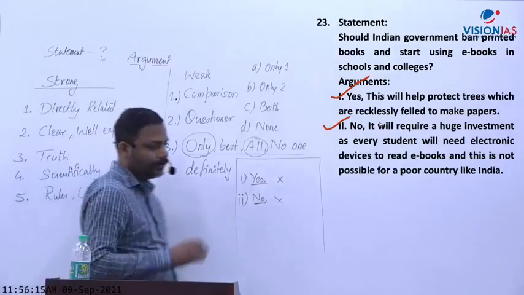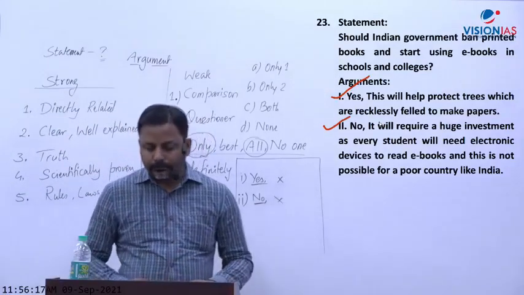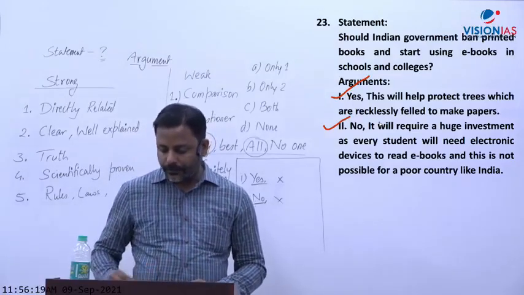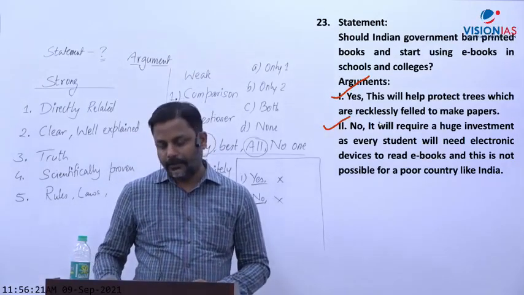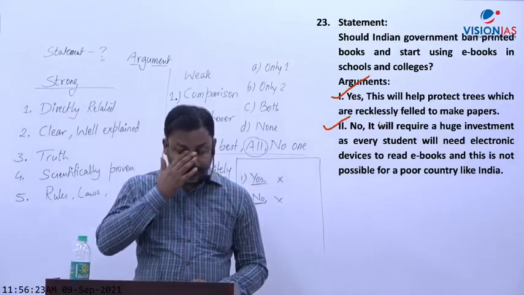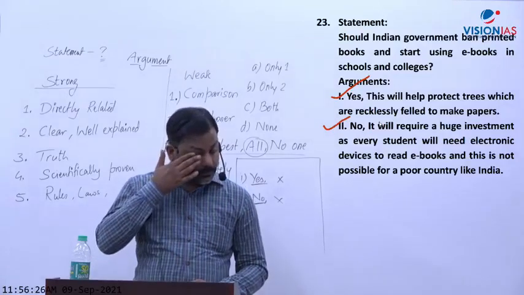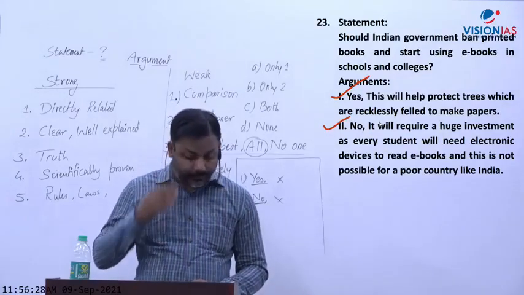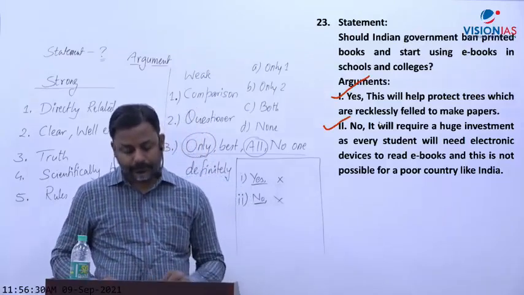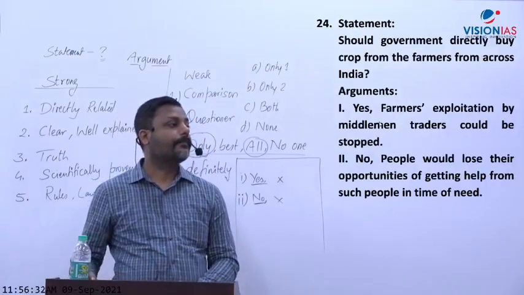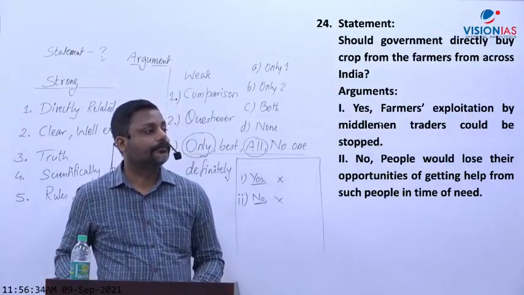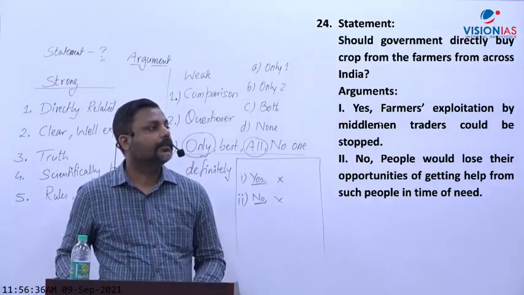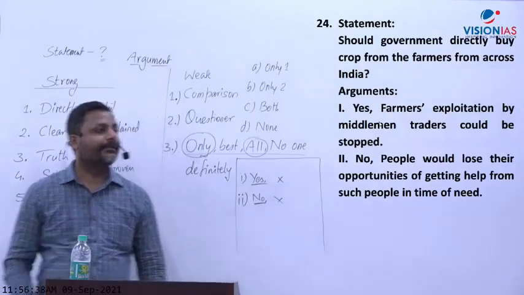For a printed book, we require paper, and paper is made from trees, with the help of wood. Trees are not recklessly felled.